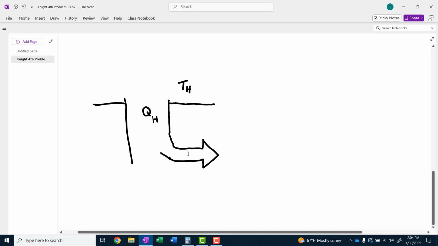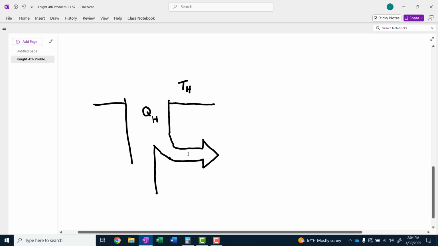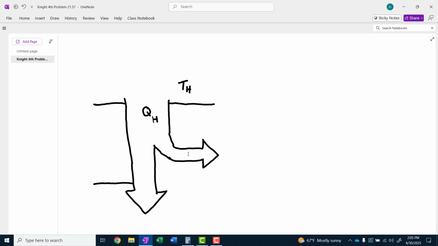Unfortunately, often more than half of QH just gets dumped right back into the cold reservoir. That's what we call the waste heat. There's no way around it, no way to avoid wasting some of the heat. There's a limit on the percentage of the heat that can be used for useful work.